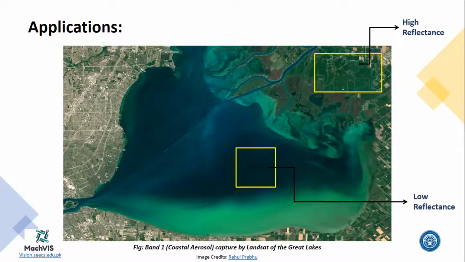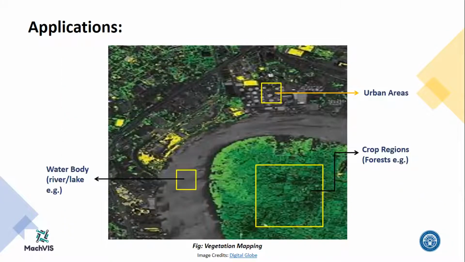And here the reflectance is very high because of the green crops, because we combined the green channel, the green band, in this imagery. Another visualization: you see here the reflectance is high because of the green band. More high values there in the green band.